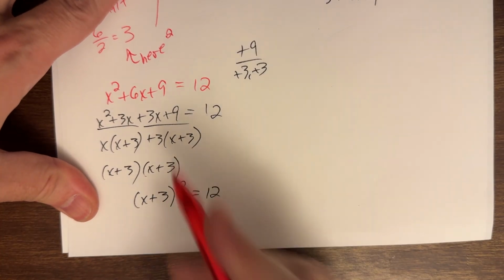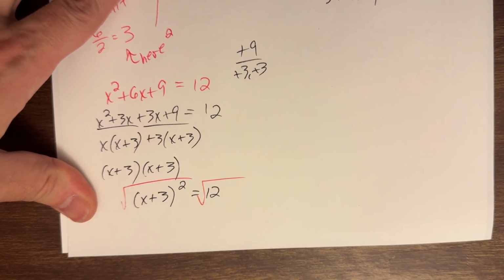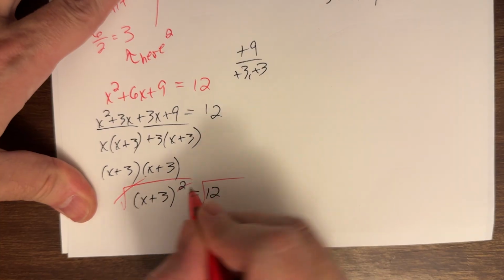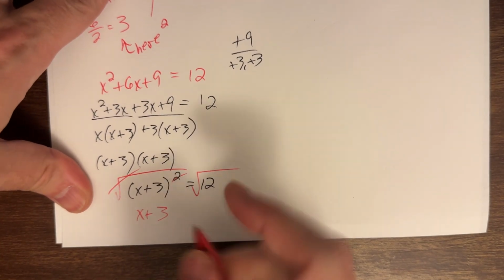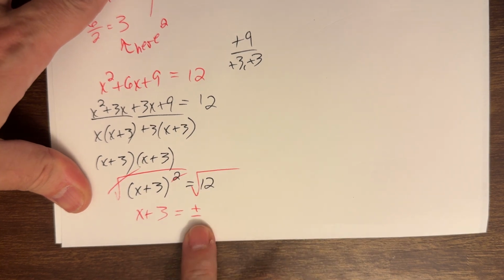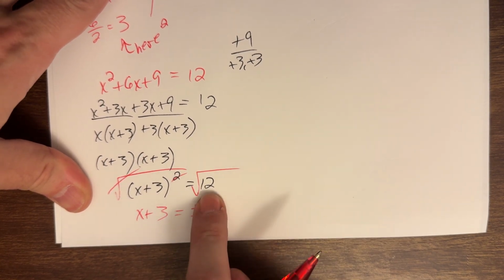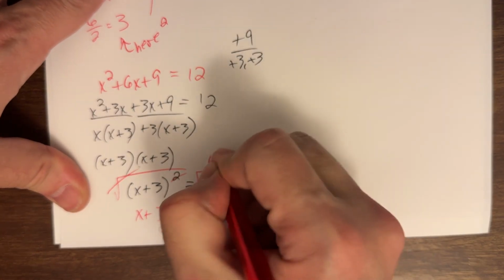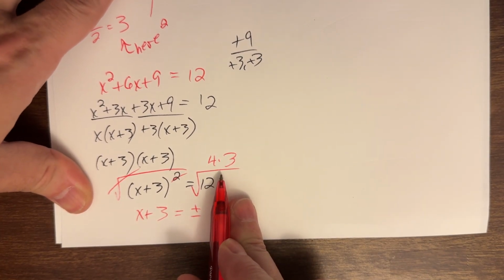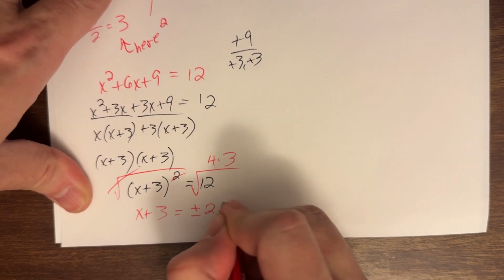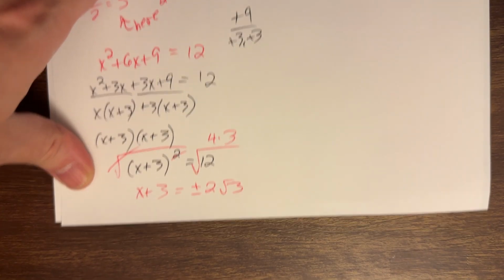I'll get rid of the square with a square root on both sides. Here it cancels. X plus 3 comes down. Over here, I'm getting the plus or minus, but this time the radical 12, I could think of as 4 times 3, so I could simplify it, and I would get 2 radical 3.